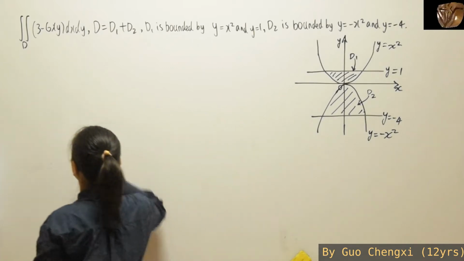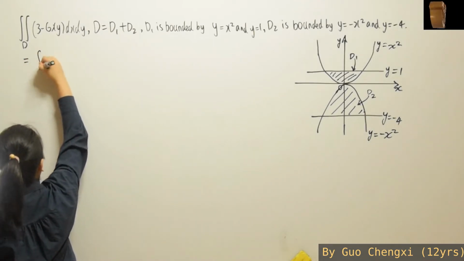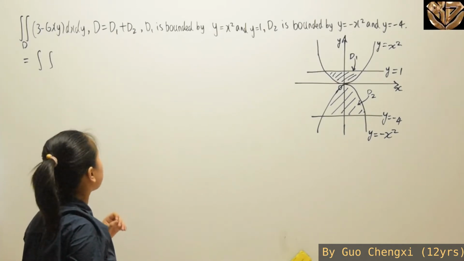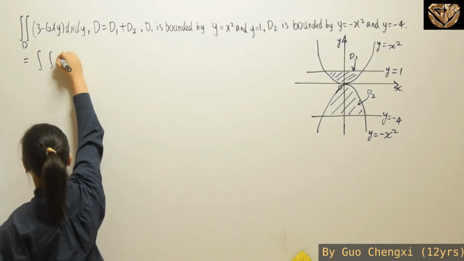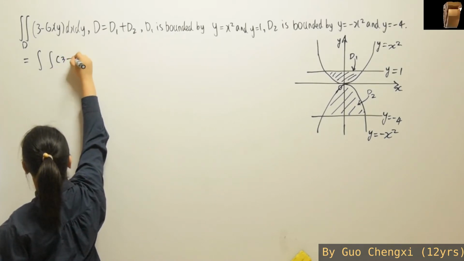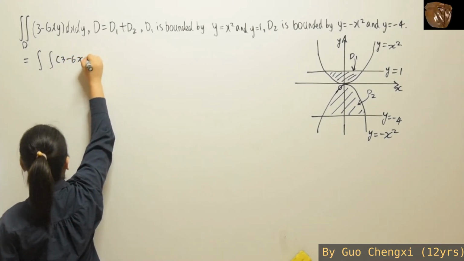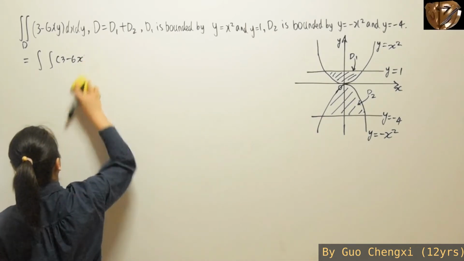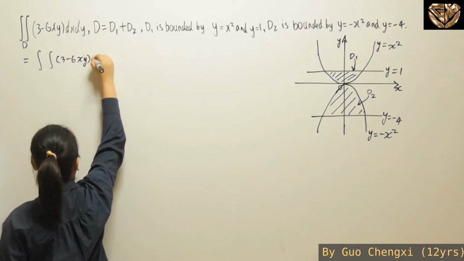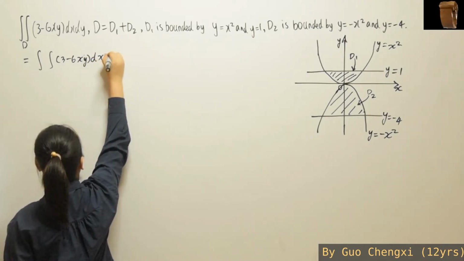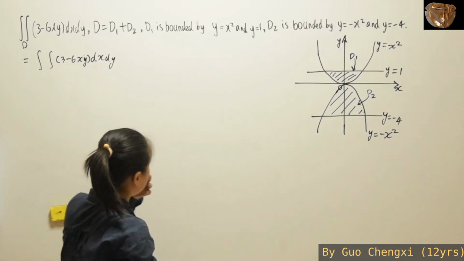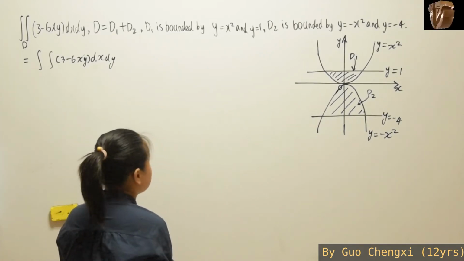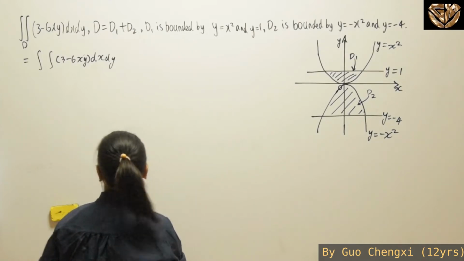So what we're going to have here is, first, which one are we going to integrate with respect to? Apparently you can do it with both of them, but over here I'm going to integrate with respect to y first.